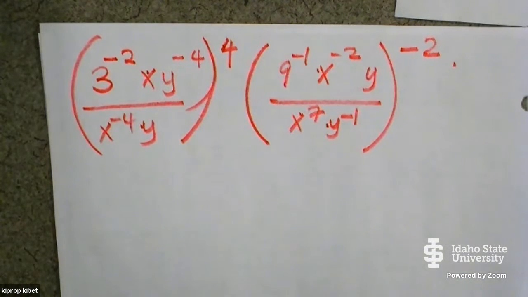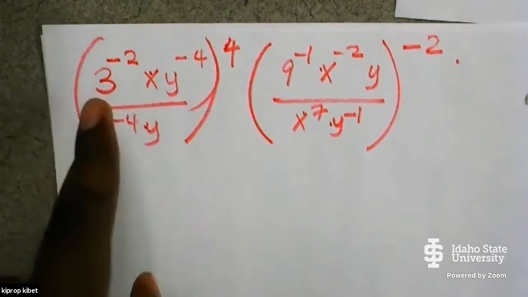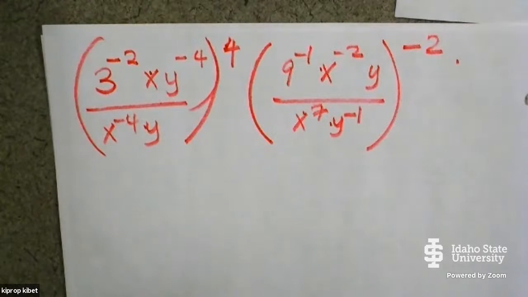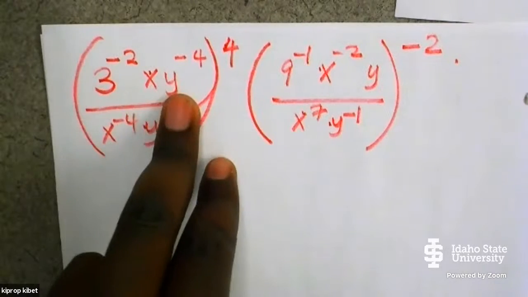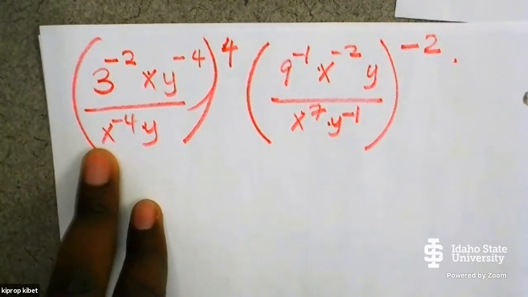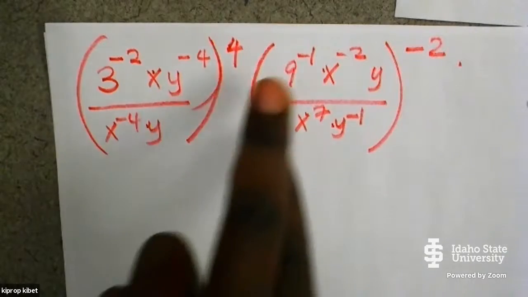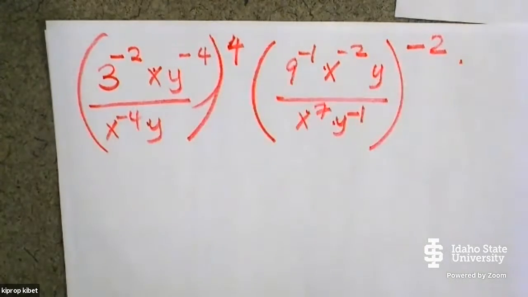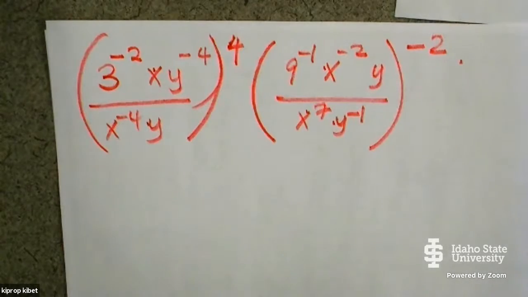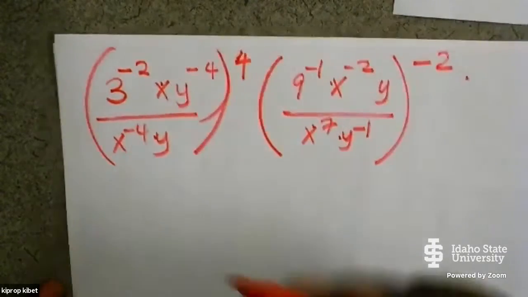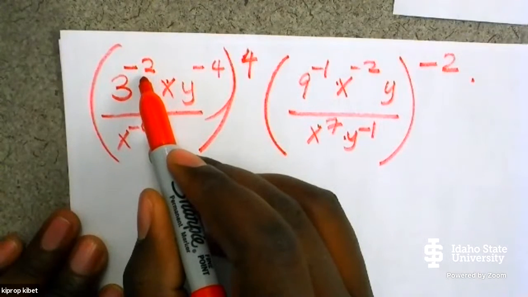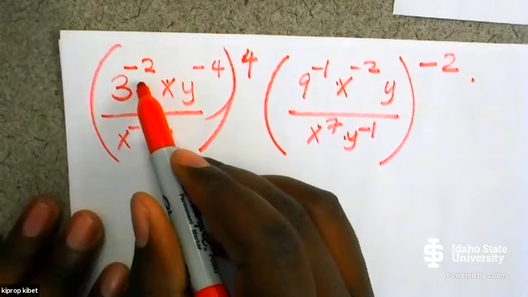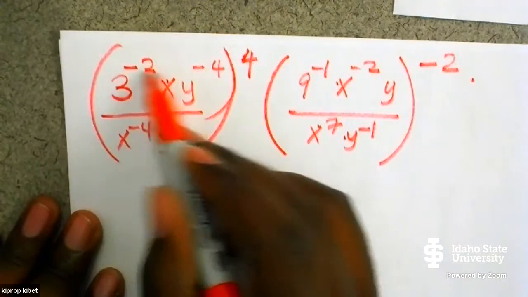So you now open the brackets. This 4 is affecting the whole function there. So it is affecting 3, it's affecting x, it's affecting y, it's affecting x raised to minus 4, it's affecting y. This minus 2 is affecting all of it. So when you open these brackets, what do we multiply? The powers, right? With the exponents there.